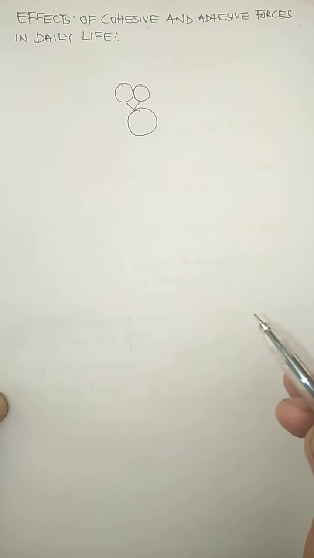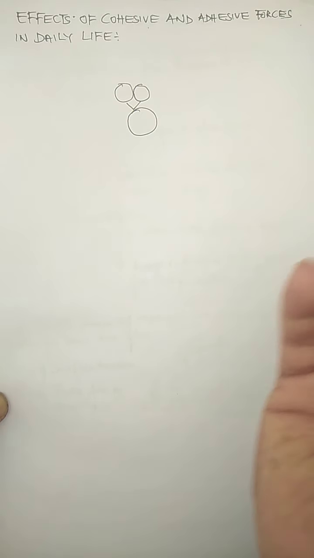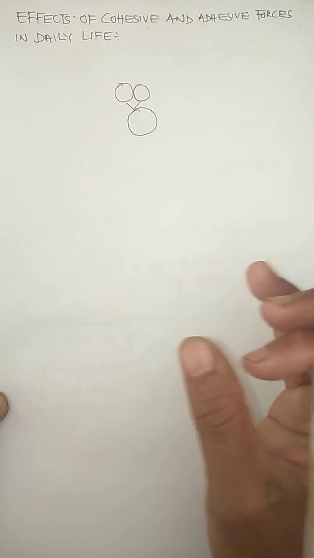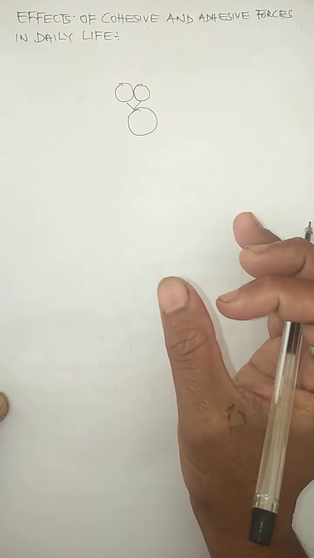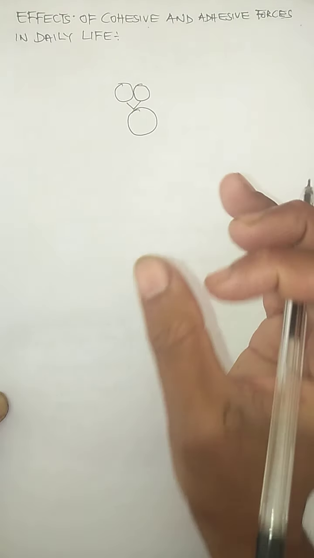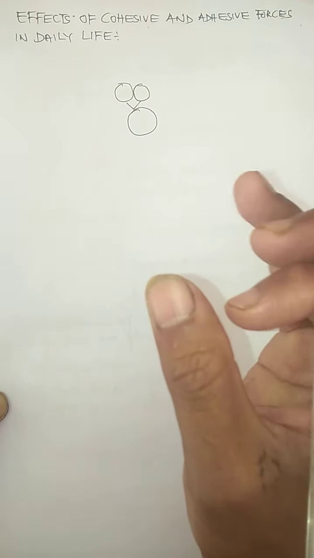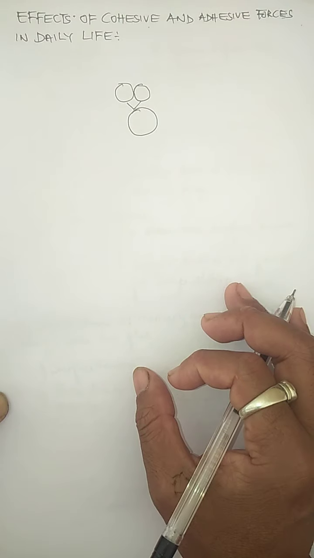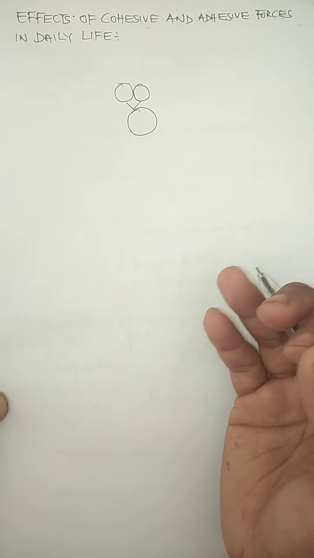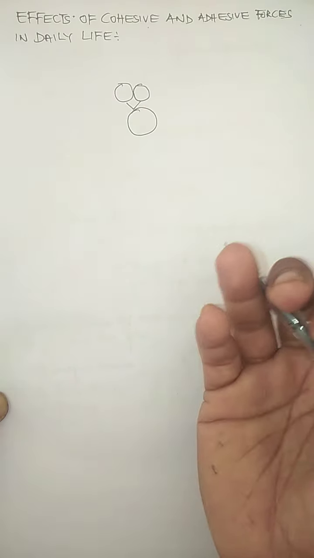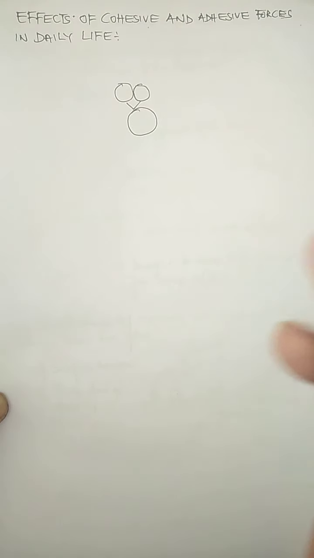Similarly, as you know, it is difficult to separate two sticky plates of glass wetted in water, because quite a large force has to be applied against the what force? Cohesive force between the molecules of water. Similarly, another example of the effect of cohesive and adhesive force in daily life, a very common one, is water with the glass surface.